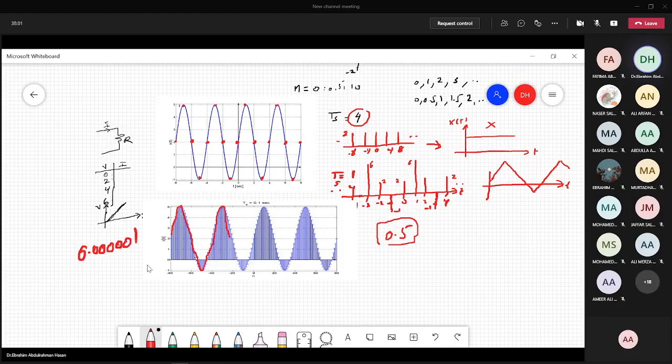Yes, I would say it's better, but then you need lots of memory for nothing, just storing these. You can get the original by using TS only, which is equal to 0.5 or 0.25. So you don't need all this data to be stored in your computer.